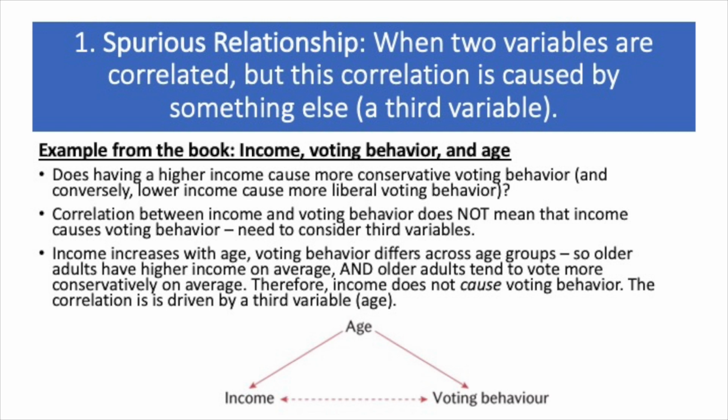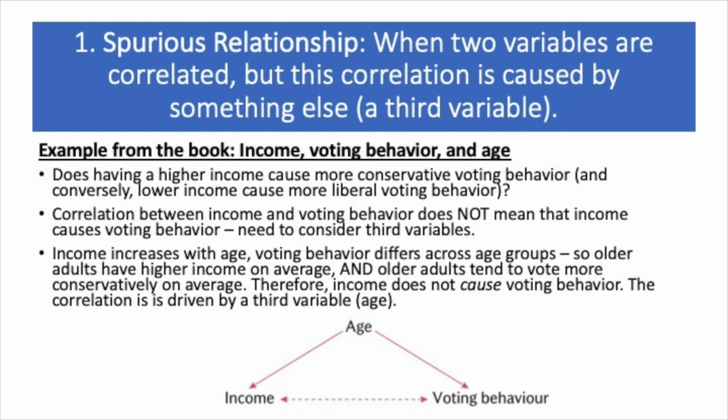However, if we were to stop here and make that conclusion, this would be problematic for a couple of reasons. First, we know that correlation does not necessarily equal causation. We talked about that last week. More specifically, there might be some third variable that's driving the relationship between income and voting behavior, thus meaning that there is no real relationship between income and voting behavior. It's just something else acting on both of these variables.